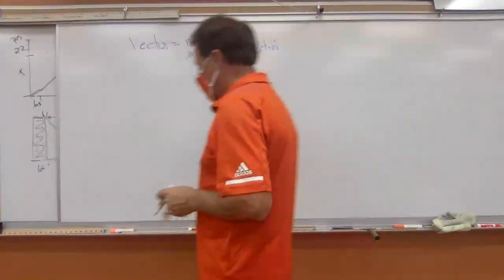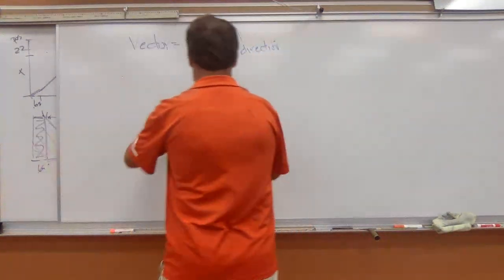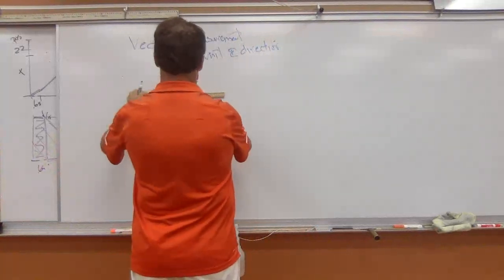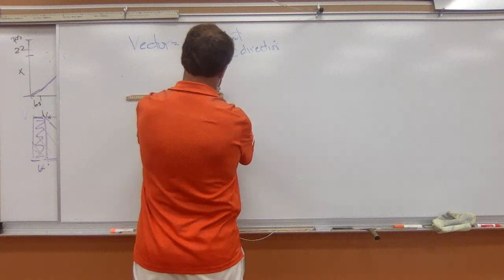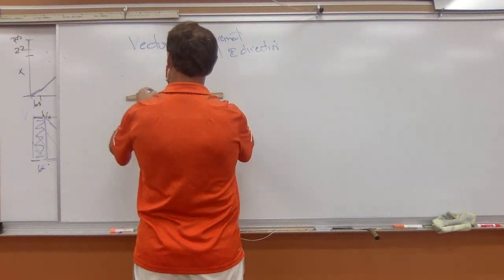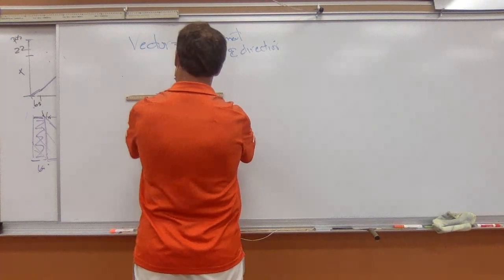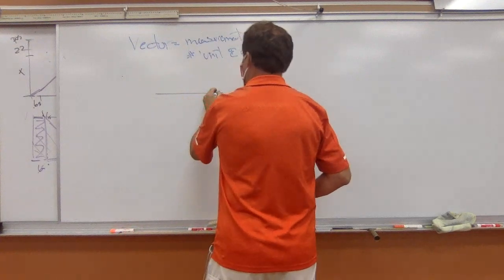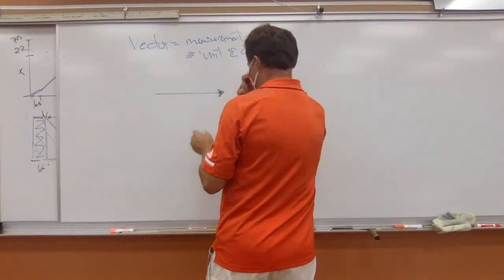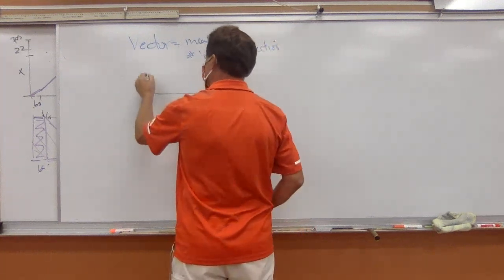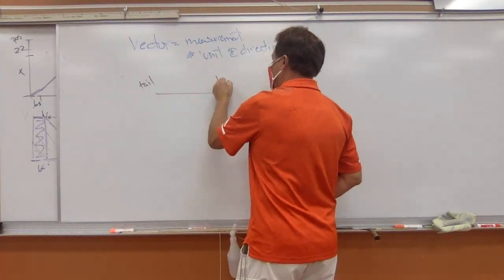The anatomy of a vector. A vector has 2 parts. It's going to have the tail and it's going to have the head.